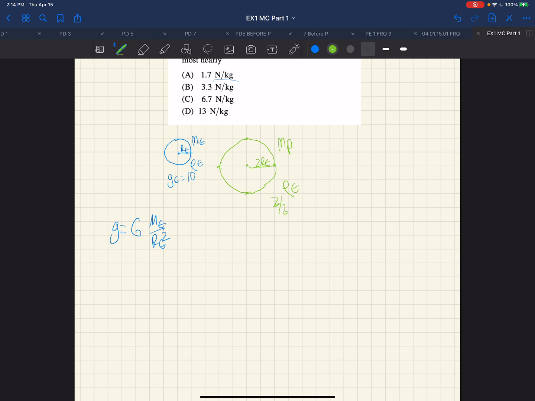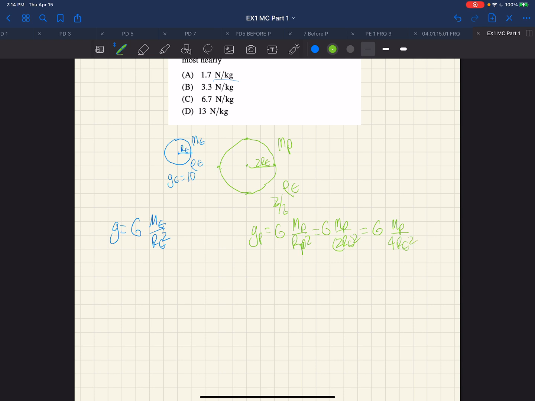For the planet, we have the same relationship. G of the planet is big G, mass of the planet over radius of the planet squared. But the mass of the planet is unknown to us, and the radius of the planet is twice RE. So that gives us G, mass of the planet, over 4RE squared. Next we're left with finding the mass of the planet.